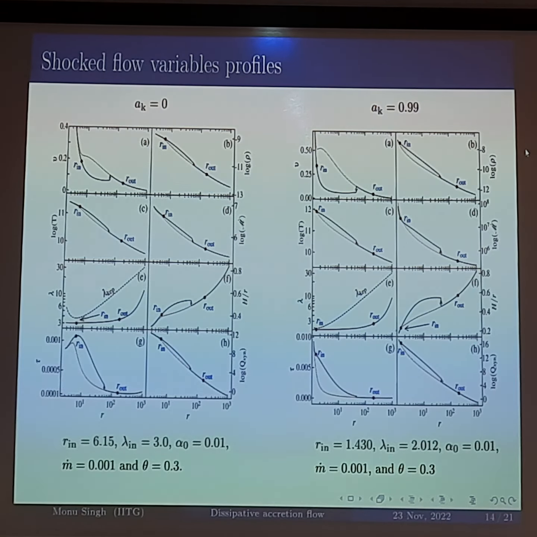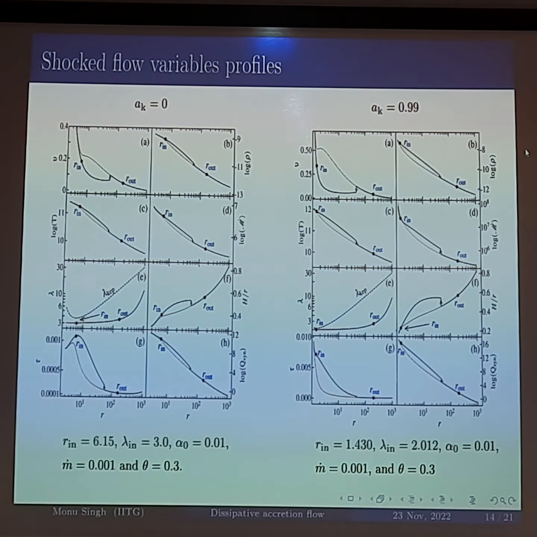Here, the flow was here, so we tried increasing the viscosity, and we see that as we increase the viscosity, more angular momentum has been removed. So the barrier given by the centrifugal barrier becomes weakened. Now gravity wins and the shock goes inward. But you can't have a shock for every flow variable.